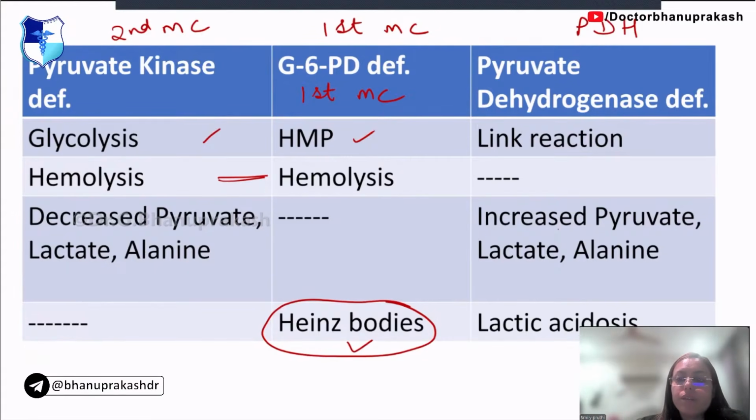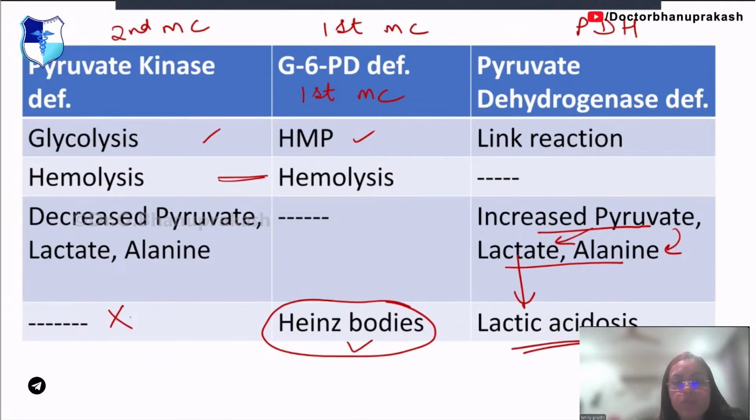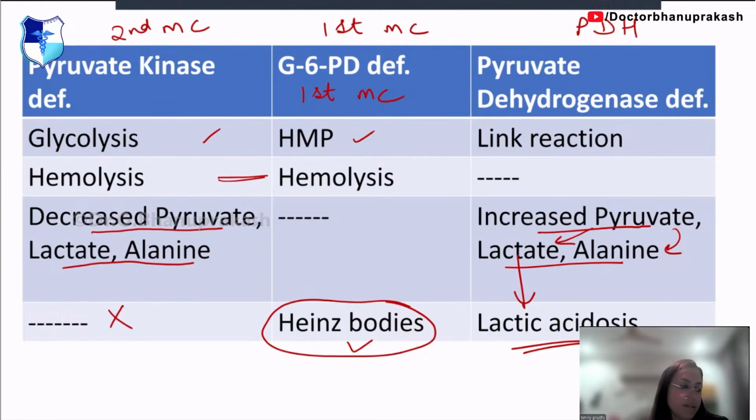Here, patient has increased pyruvate, lactate, alanine. Okay, when this enzyme is not working, there's increased pyruvate, which will form alanine, which will form lactate. So, patient will be having lactic acidosis, but no lactic acidosis in pyruvate kinase deficiency or G6PD deficiency. In pyruvate kinase deficiency, in fact, there will be decreased pyruvate, lactate and alanine.